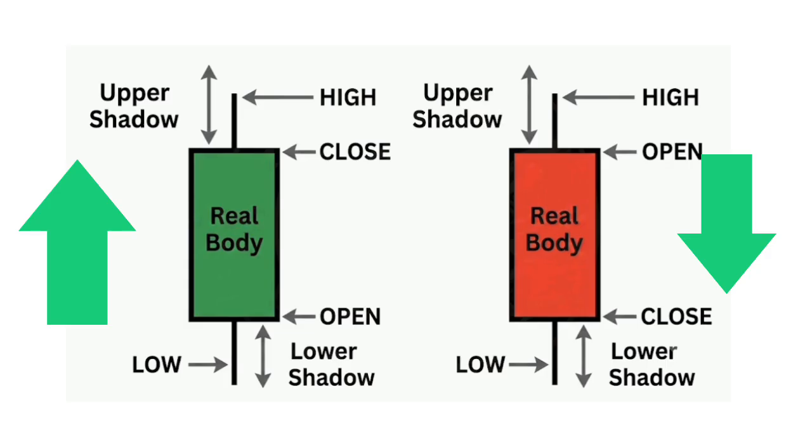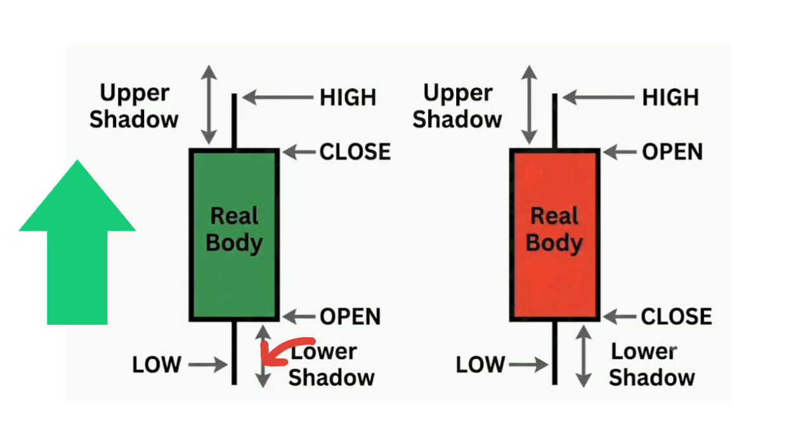Now let's look at the bullish candlestick, which is usually denoted by green, which is a rising candlestick. The point you see labeled open is the beginning of the 5 minutes, because we are assuming this is a 5-minute candlestick. So the point labeled open is where the market opened within that 5 minutes.